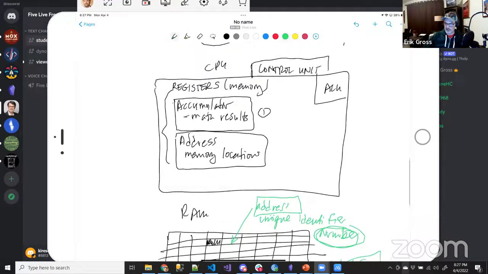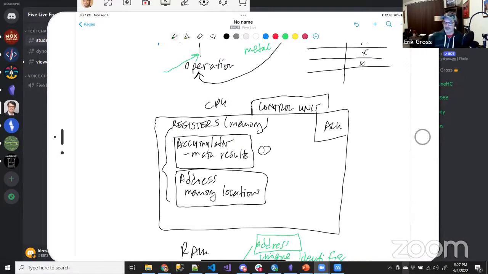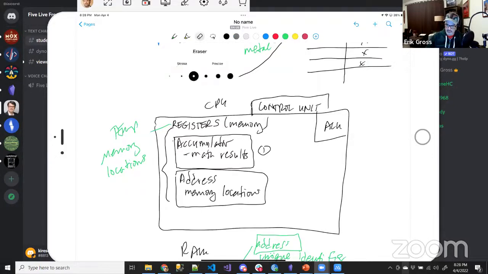Okay, so if we go back up here to these registers, I'm going to say that again. Actually, that's not the way I want to describe those. They are rather temporary storage locations.